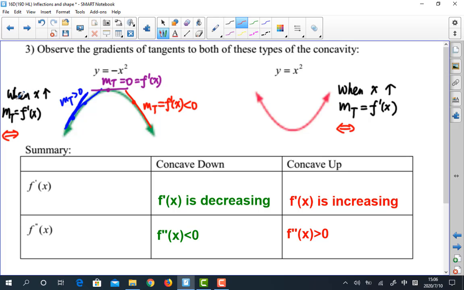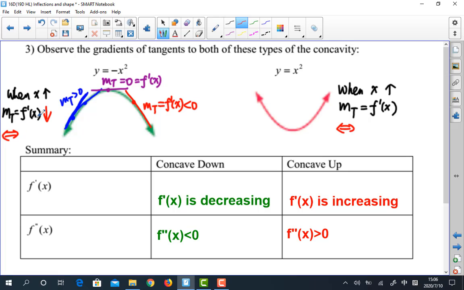So when x increases, the gradient of the tangents as x moves from left to the right is from positive to 0 to negative. So the gradient of the tangents is decreasing. So that means this f prime x is a decreasing function.